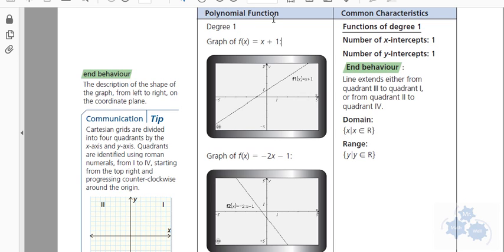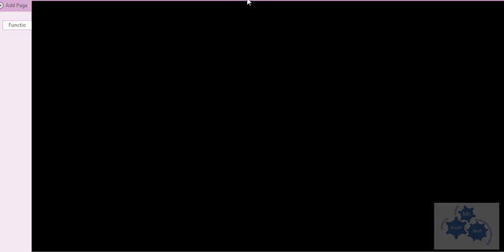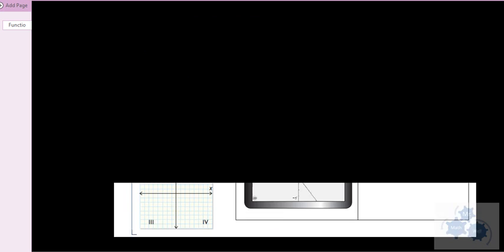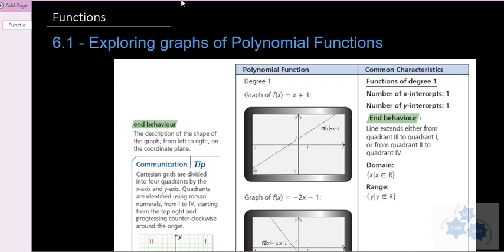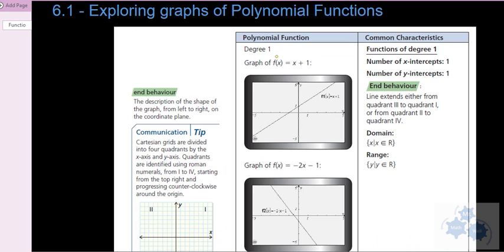So straight lines are functions that have a y value, and I don't know if you guys recall or not, but I'm just going to flip over to the notes. I don't know if you remember function notation, but this right here, this f of x, that is the same as y. So y equals f of x. They're the same things.